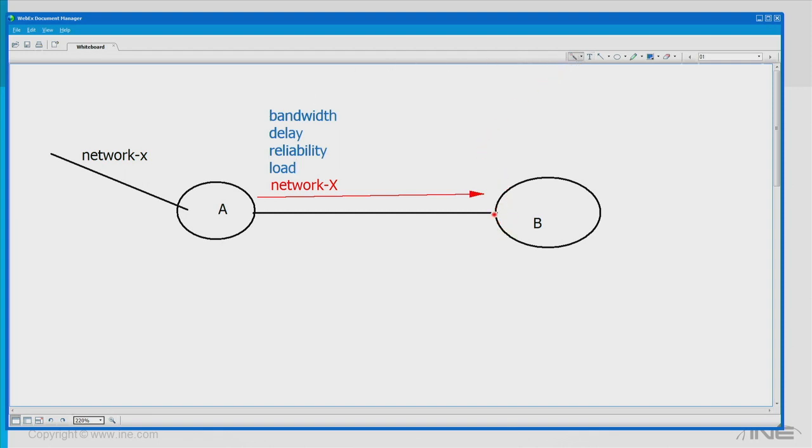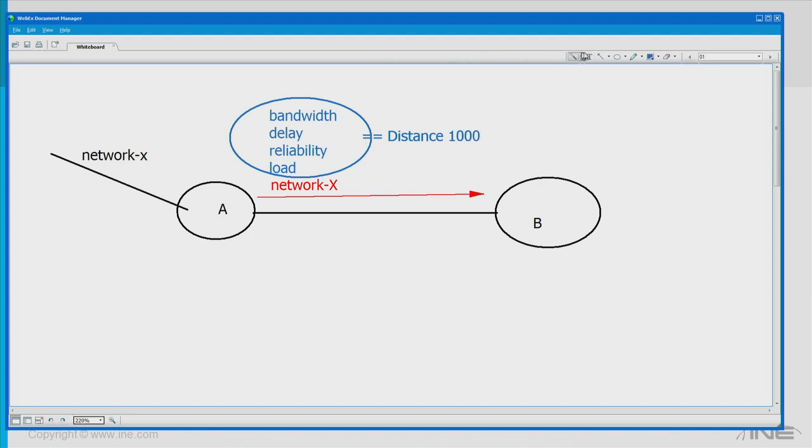So when router B receives this update, first thing he's going to do is take all this stuff, run it through the EIGRP distance formula, and come up with some distance number. And he's going to say, this distance I came up with, so let's just say maybe this equals distance 1,000.